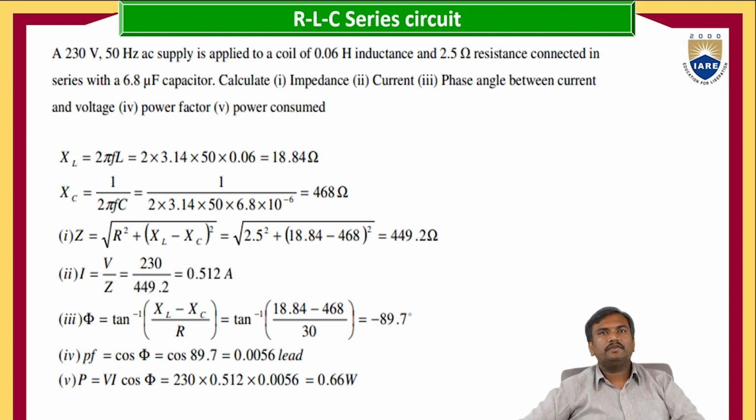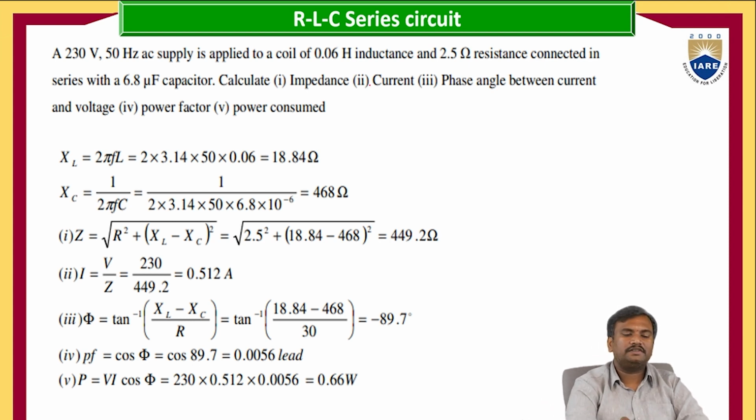So from this we are going to calculate all the parameters corresponding to the given circuit. First, in order to get the impedance value, we need to calculate the reactance of the inductor and reactance of the capacitor, where XL is equal to 2 pi FL, which is equal to 2 into 3.14 into 50 into 0.06, which is equal to 18.84 ohms.